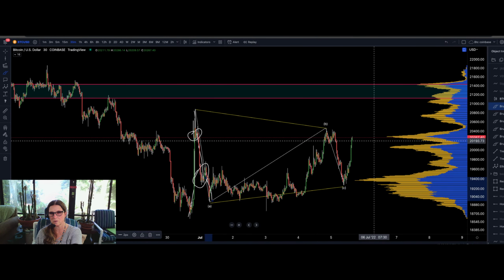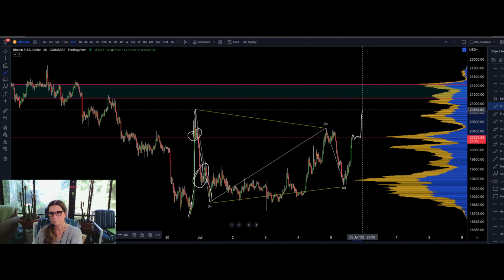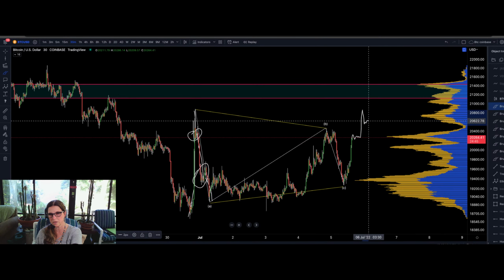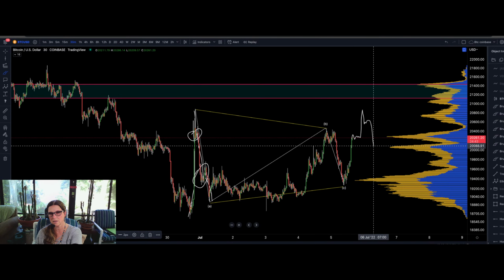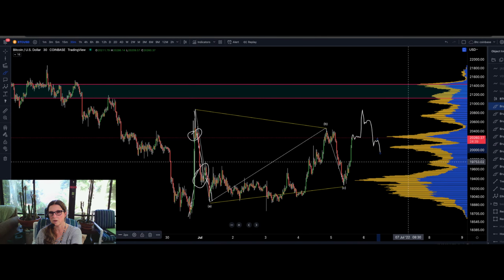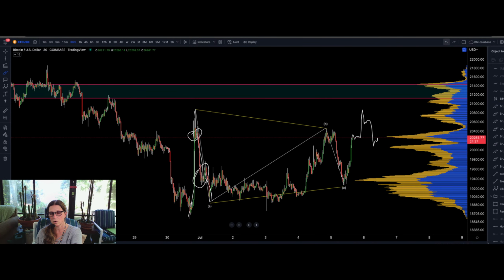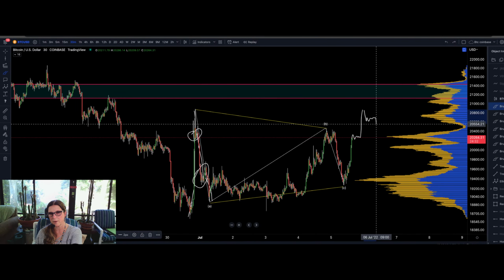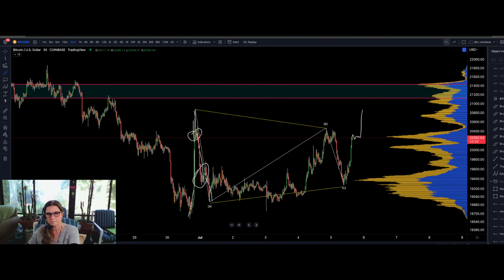So when we get done here, okay, we want this consolidation, dump that gets under there, backtests it, 5-wave move. Okay? Or you're going to get something where consolidation comes back up into each other, and I did a bad job of that.